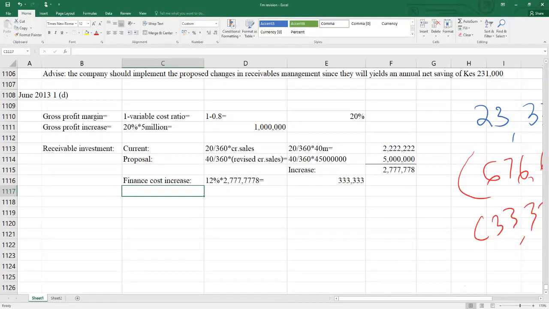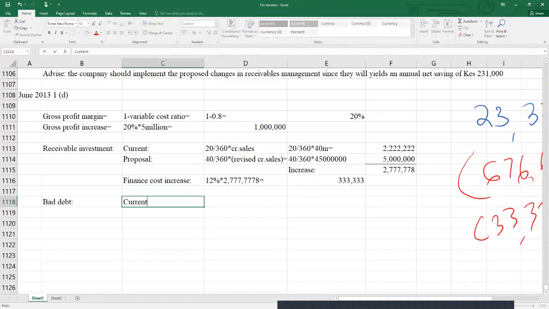Okay, finance cost increased. Then there's a bad debt somewhere. So the next working could be on the bad debt, which is an expense for the company. With the current policy, the bad debt ratio currently is 5%, 0.05.